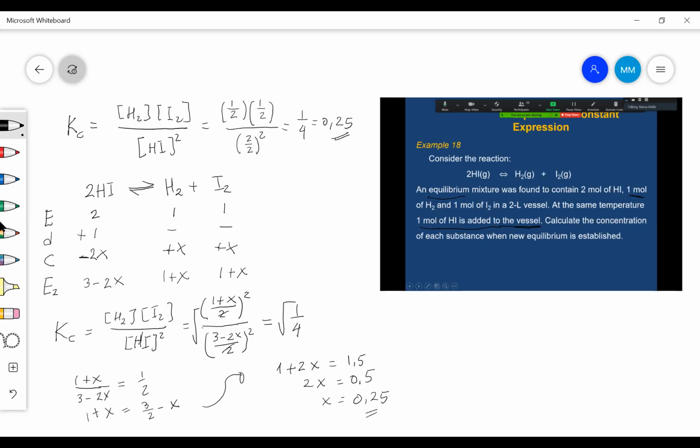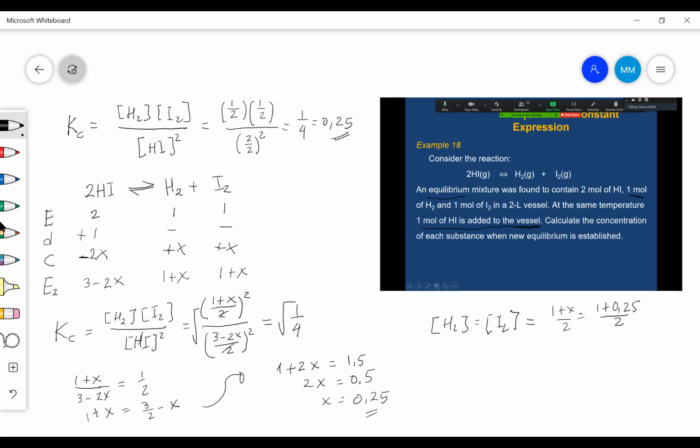The question is, calculate the concentration of each substance when the new equilibrium is established. The new equilibrium is this one. So the concentration of H2, which will be equal to the concentration of I2 in the new equilibrium, is 1 plus x over 2, which is 1 plus 0.25 over 2.